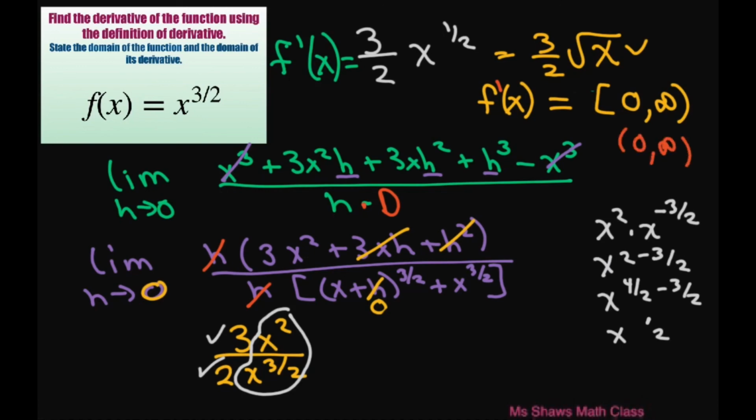And that's because the limit that defines f prime of 0 does not exist as a two-sided limit. But the right-hand side, using h approaches 0 from the right, does exist. So we can still use this right here for our domain.